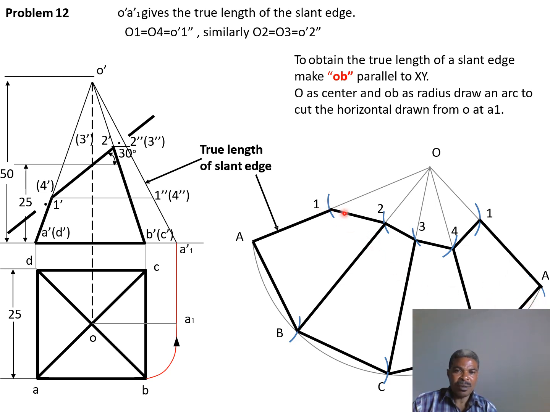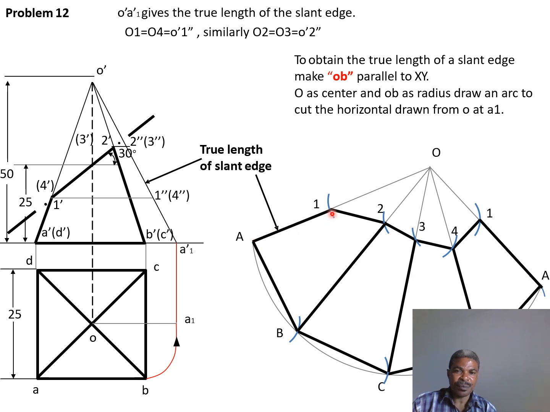When it comes to lengths, you have to measure from the apex. 4 and 1 are at the same point, as you can see. So O to 1, you mark. Then the rest is A to 1.